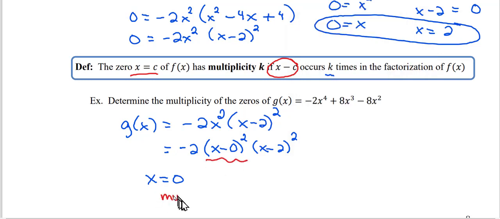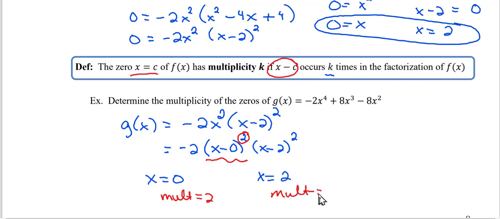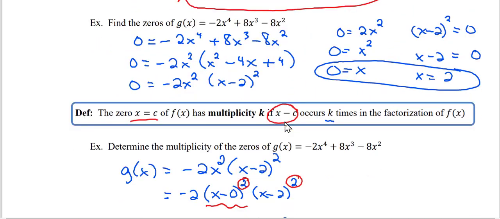And so it's going to have multiplicity equal to 2 because I have that square there, right? It's like having (x - 0) times (x - 0). Same thing with x = 2. That's going to have multiplicity equal to 2 as well because of the square on that. The example above that, each of these zeros has multiplicity of 1 because the factor only occurs one time in that factored form.